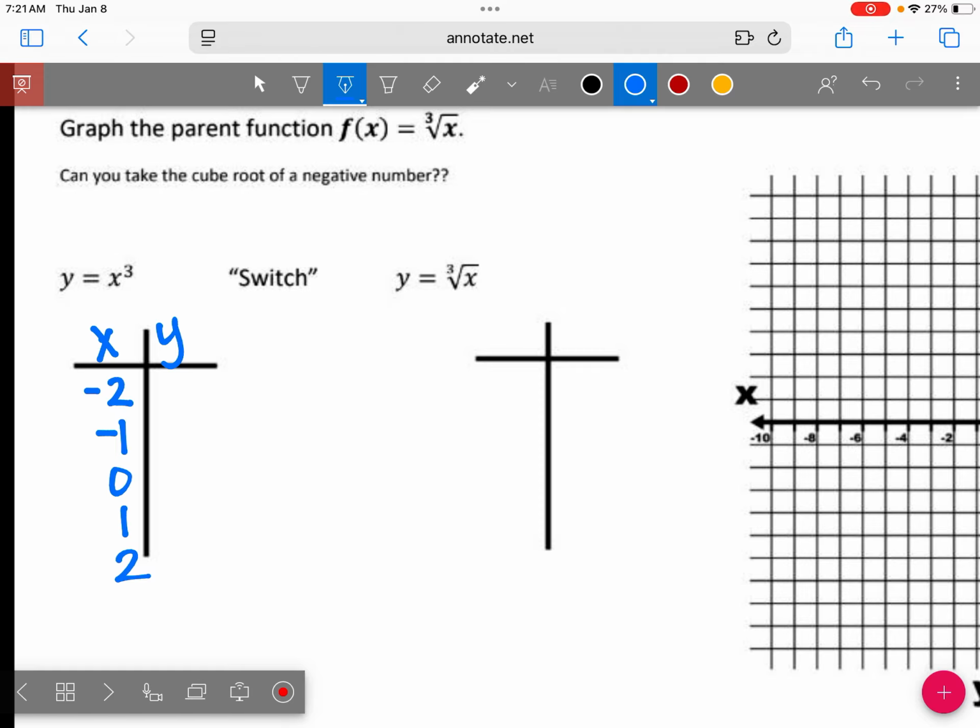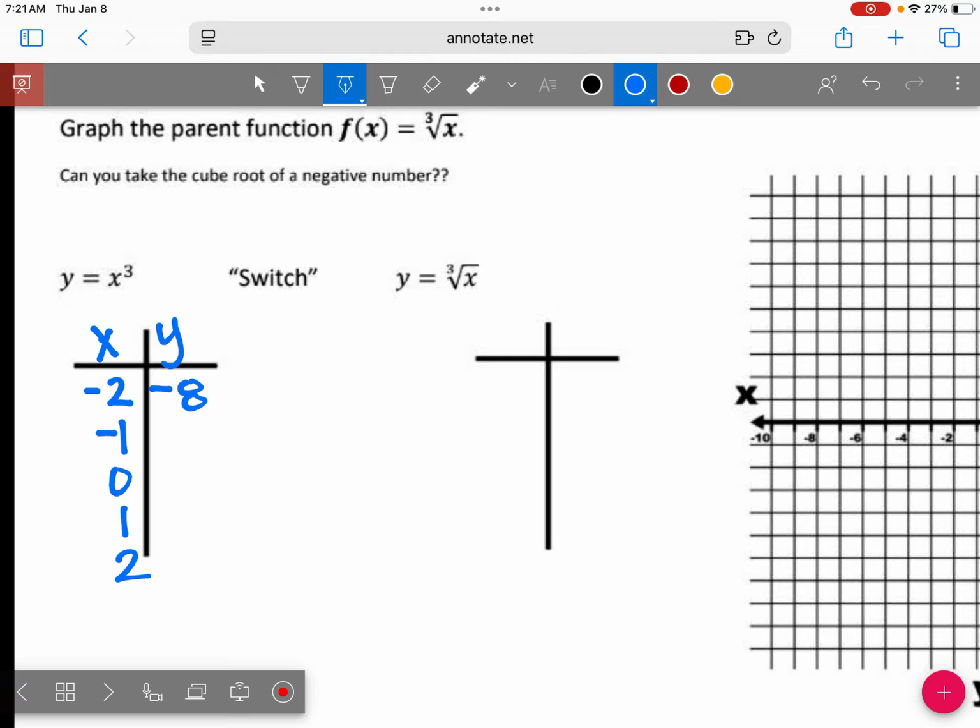If you take -2 times -2 times -2, go ahead, type it in your calculator. Type -2 times -2 times -2. What do you get? -8.